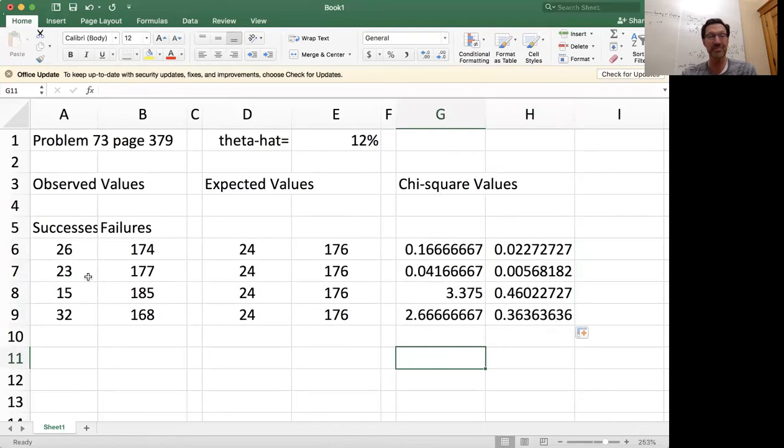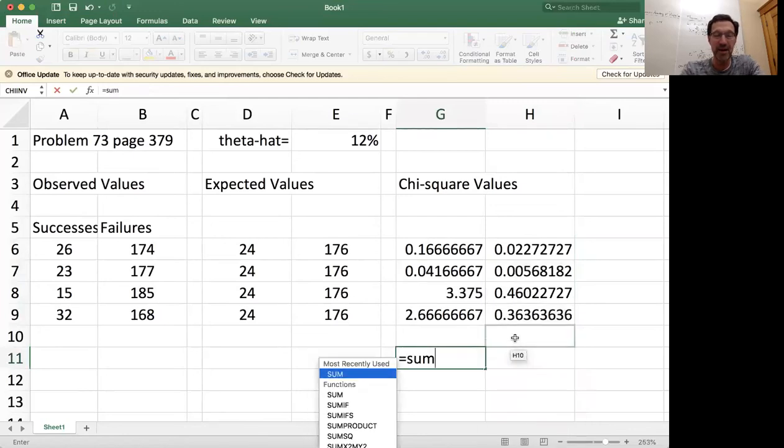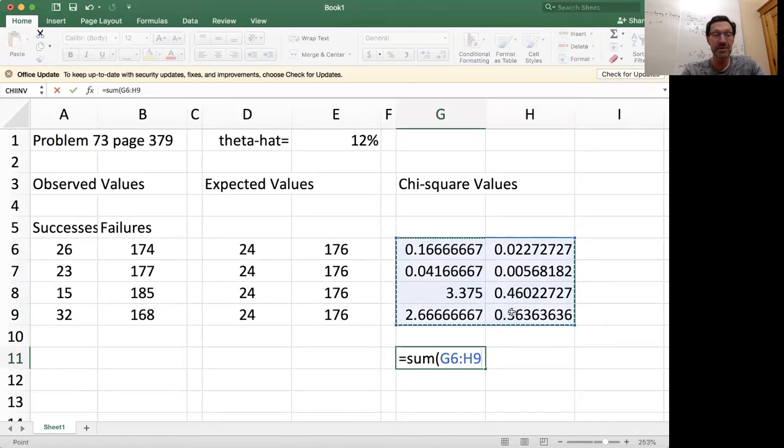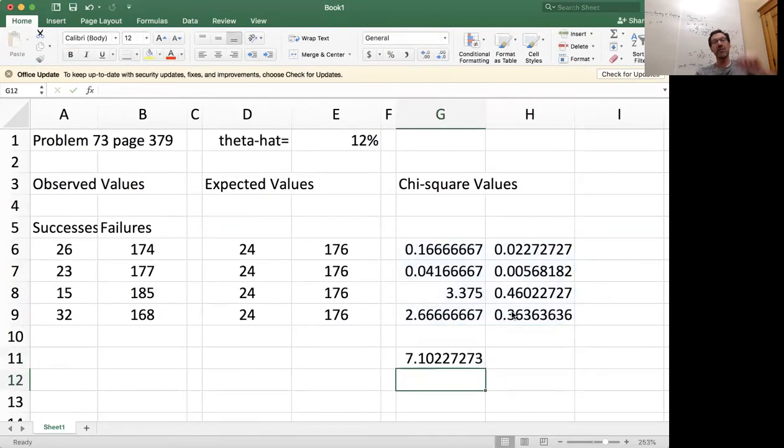Again, tire C, that's the biggest one. That's the one that deviates the most. But the question is, is any of this significant? Well, let's sum them all up. I'll just do a sum of all 8 values, and this will be my chi-square value, 7.1.